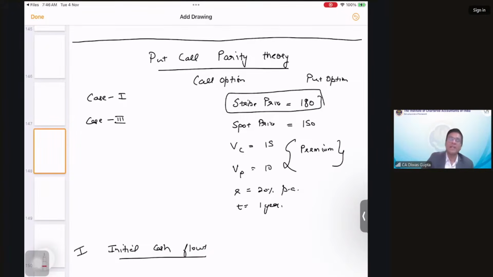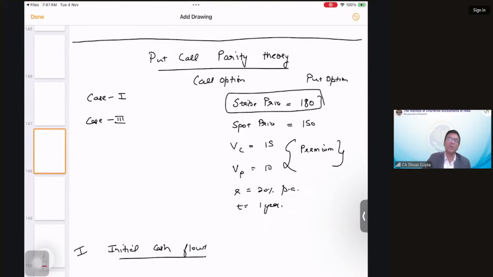Basis that, the market will adjust the actual premium that can be paid around these instruments, and accordingly the value will be received. If I'm a call option writer, I have undertaken a risk.